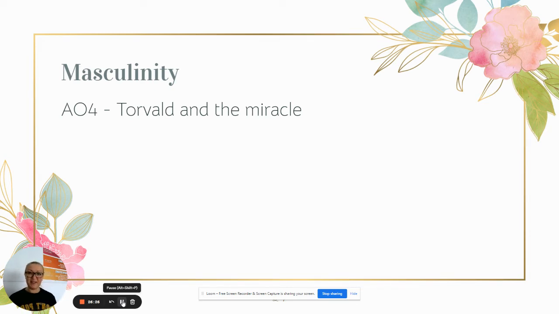At which point, all the time that Torvald is saying this, Nora's getting changed into her day clothes, ready to leave him. So that idea of masculinity being linked to protection, how it all falls apart for Torvald when it's linked to bourgeois respectability, and it's saving the wreck, and all about the appearance of the marriage.